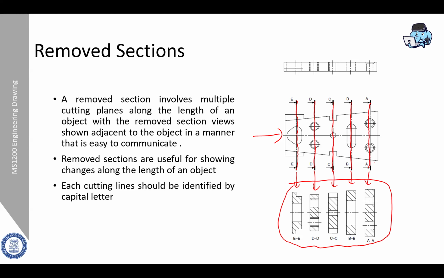So removed sections are useful for showing changes along the length of an object. Each cutting line should be identified by a capital letter. You can make it A, B, C, D, and so on.